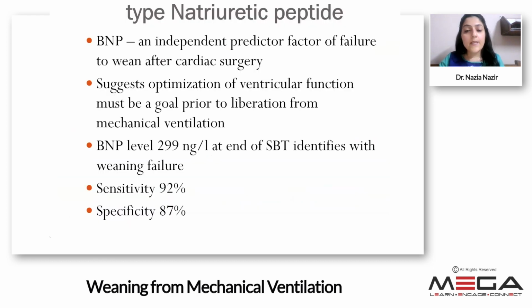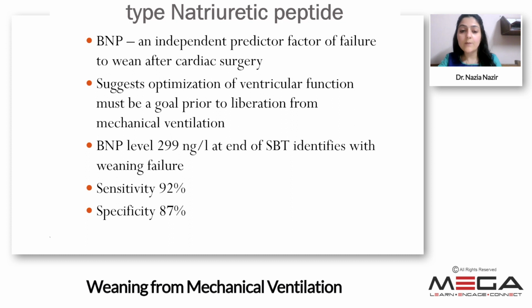Then there is BNP, the brain natriuretic peptide, or B-type natriuretic peptide, which is secreted by the ventricular cardiomyocytes when there is stretching of the ventricles. This is an independent predictive factor for failure to wean after cardiac surgeries. It suggests that the ventricular function needs to be optimized prior to liberation from mechanical ventilation.